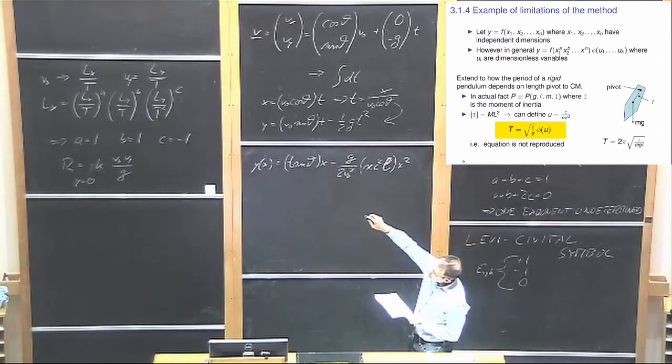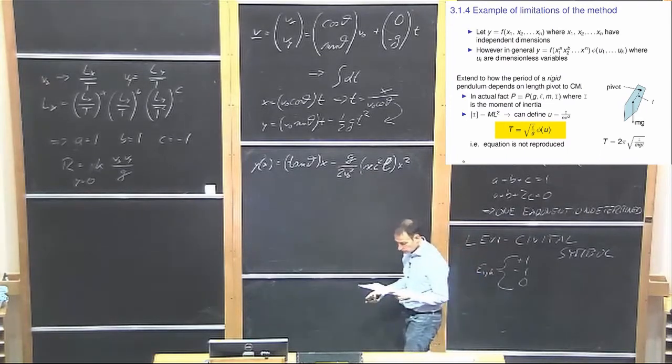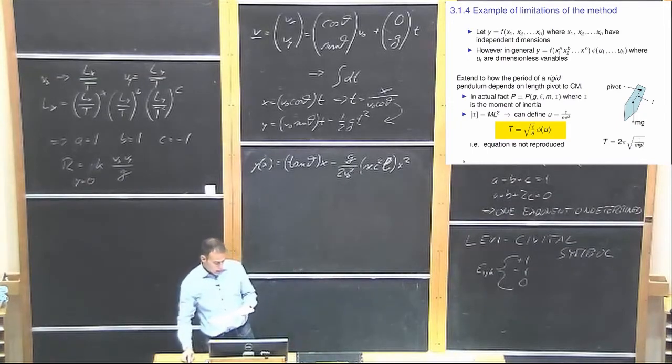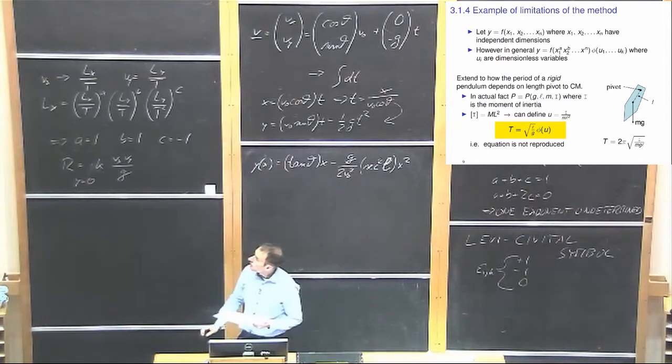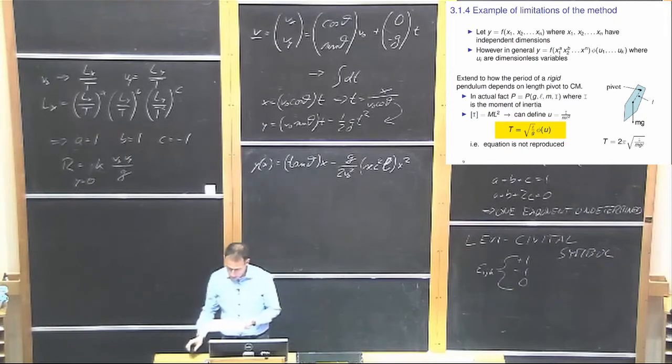So it's not just the period a function of g, l, and m, but now the period is a function of g, l, m, and I. And we'll get to the moment of inertia in one of the next lectures. The dimensions of the inertia is mass times the length squared.